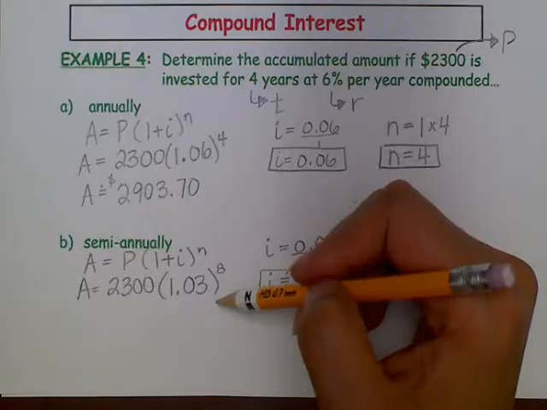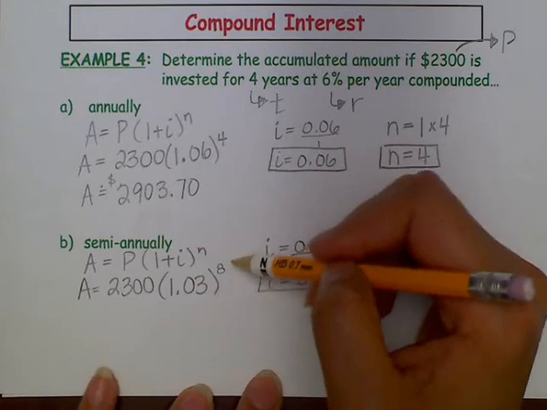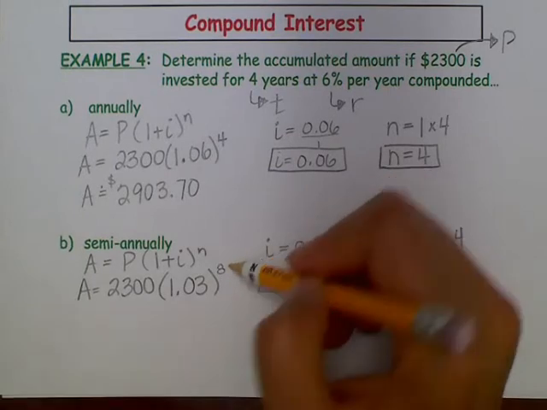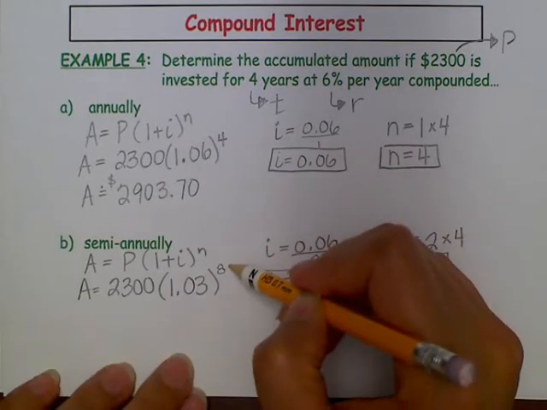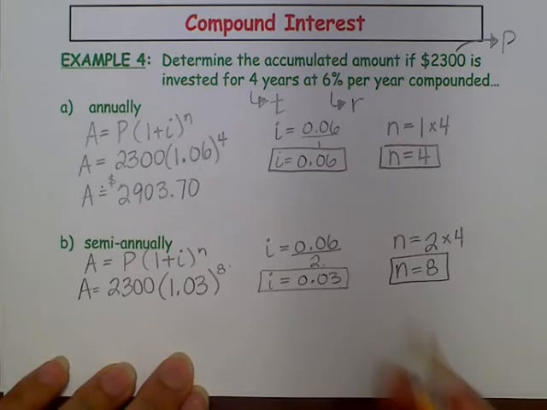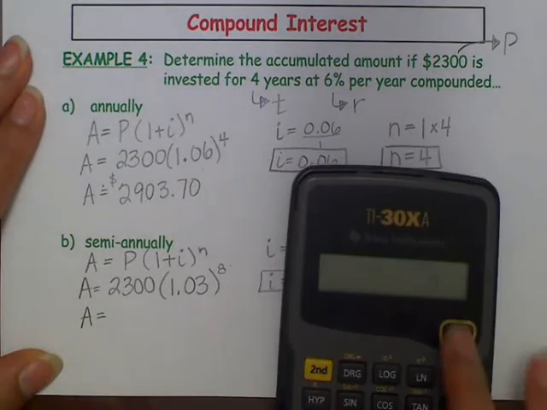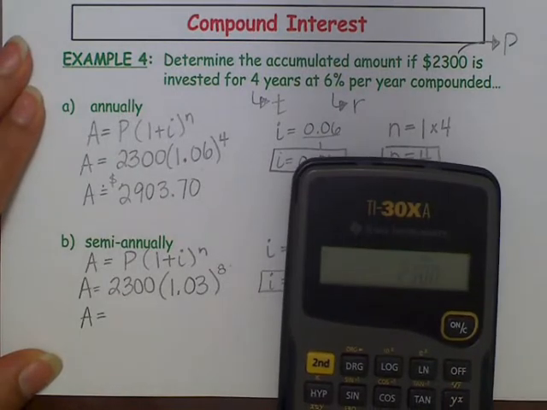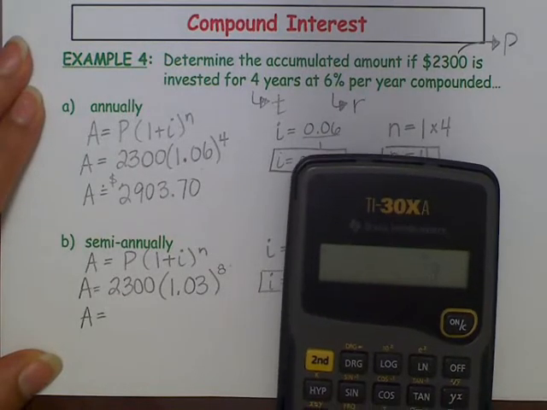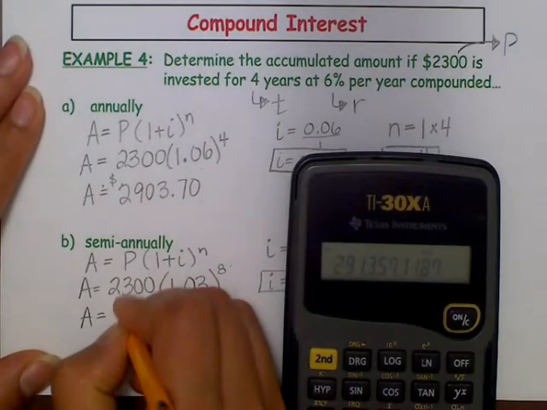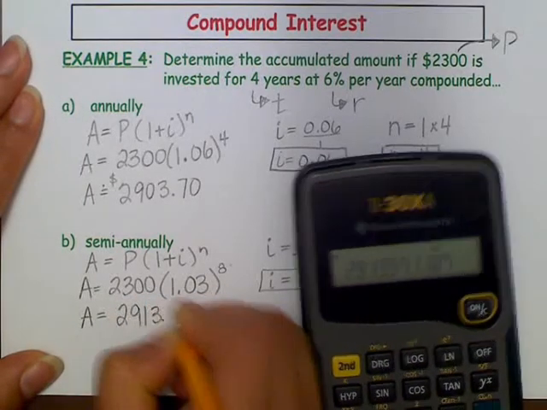And you'll also notice that there are 8 growth periods or 8 compounding periods because it's happening more frequently. And so what I get here, if I calculate this, is $2,913.57. Now this is kind of weird.